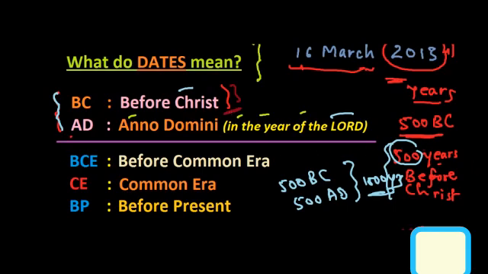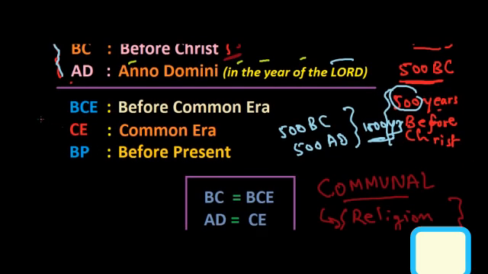Hence they created another word for mentioning dates, which is BCE, that is Before Common Era. CE, Common Era, is quite similar to the Christian era BC and AD, Anno Domini. And another thing that they use is BP, before present.